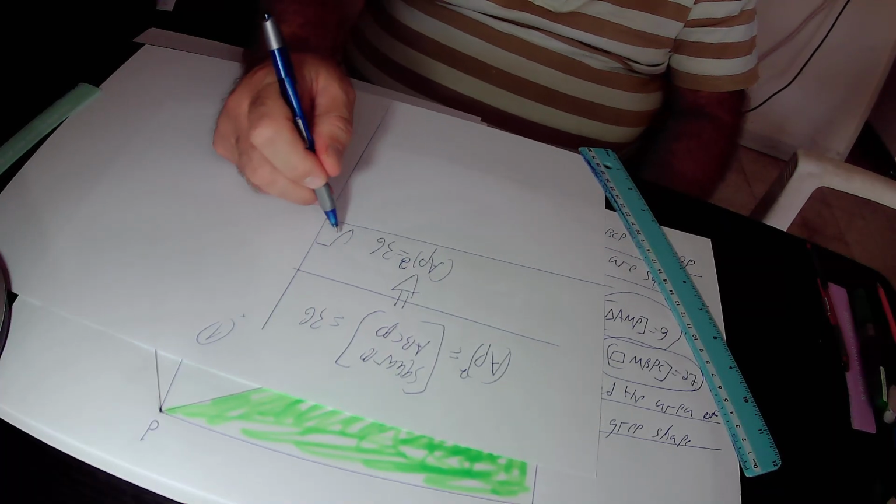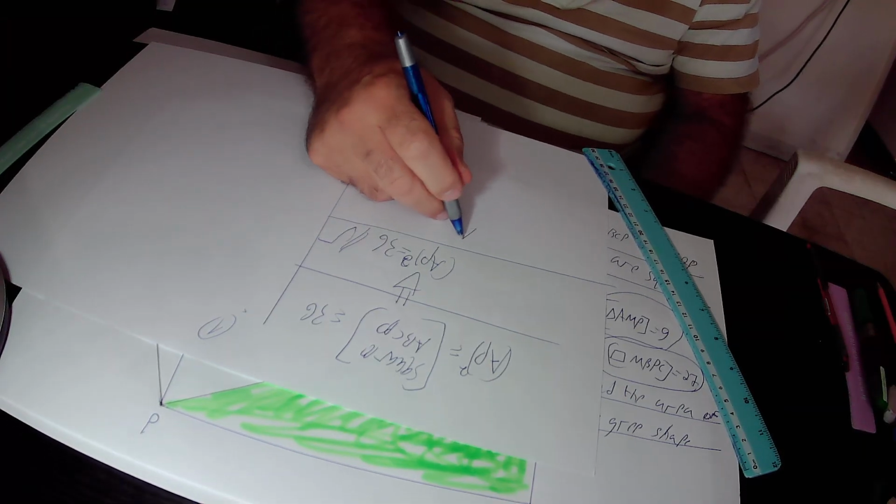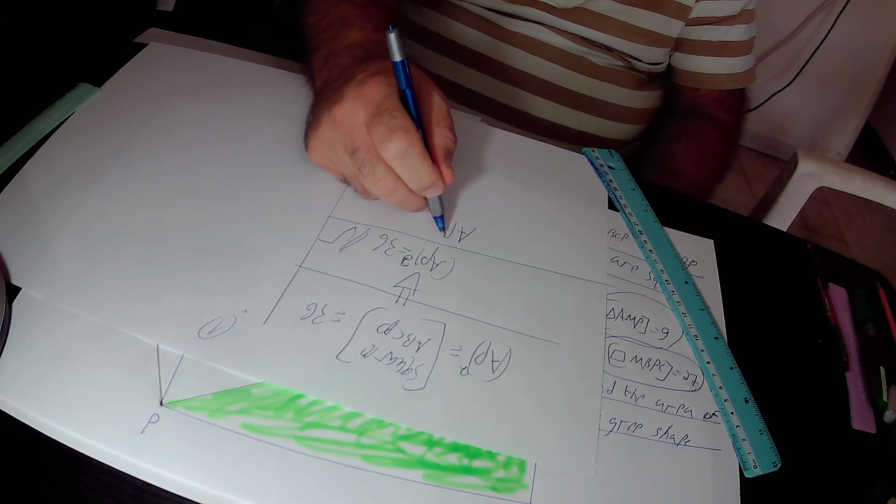Finally, we get that AP equals the square root of 36, that is 6.